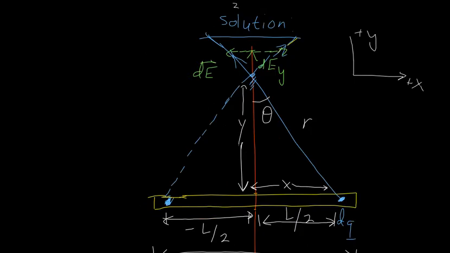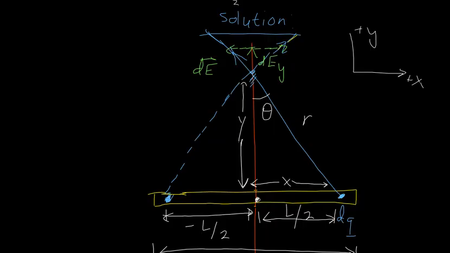So our linear charge density lambda, if you want the electric field at the point 0, comma y, which lies directly above the midpoint of the rod, let me just highlight here, is here.